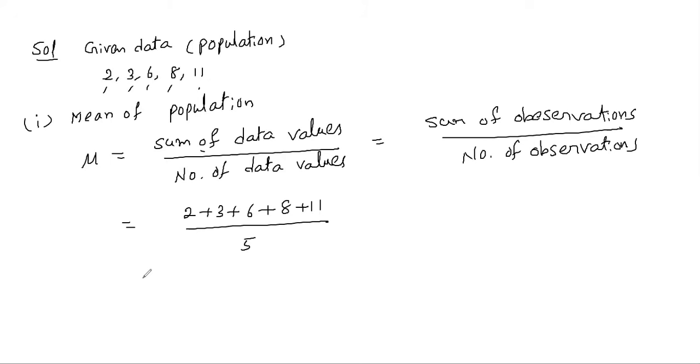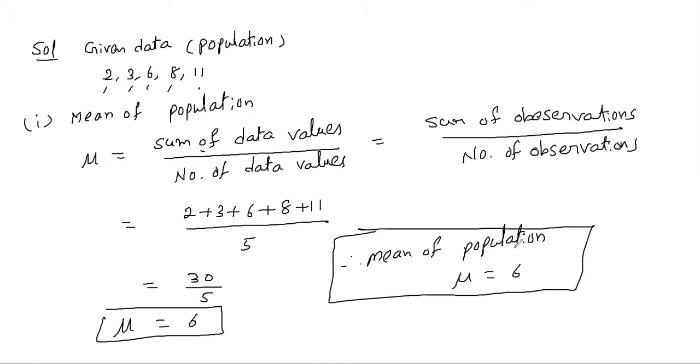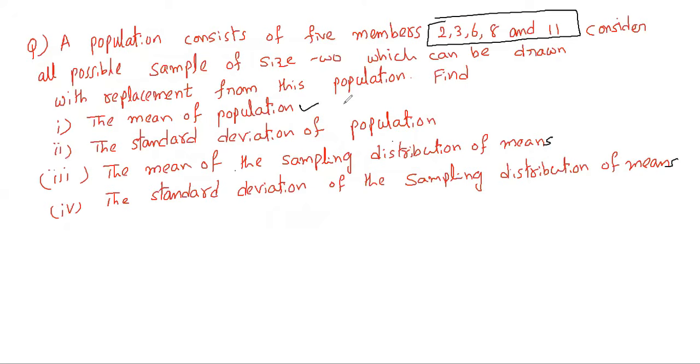By 5. The sum will be 30. 30 by 5, how much is its value? 6. Mu is equal to 6. That means the mean of the population, mu, is equal to 6. This completes the first question. So now the mean of the population is completed.